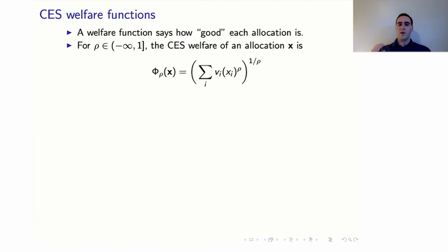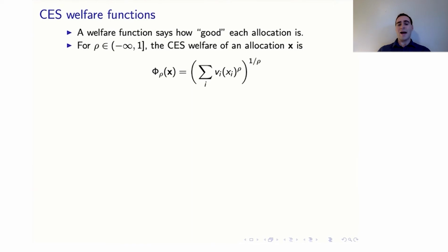Next, let's talk about CES welfare functions. So this is how we're going to formalize the notion of equality. In general, a welfare function says how good each allocation is. And a CES welfare is a particular family of welfare functions that takes a parameter rho between -infinity and 1. And the CES welfare with respect to rho of a given allocation is defined as you can see there.